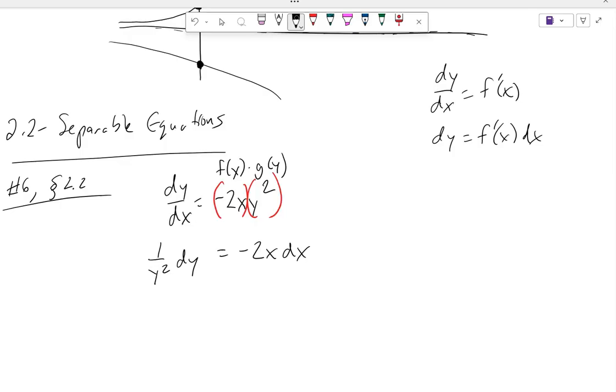We've removed all references to x's and replaced them with y's. So I'm going to integrate both sides with respect to x, but on the left-hand side, it's really like we're integrating with respect to y because we've done that u substitution, a y substitution in this case. That's a lot of words to say. Integrate with respect to y on the left, integrate with respect to x on the right.